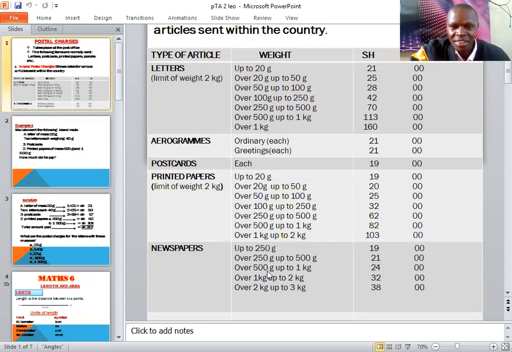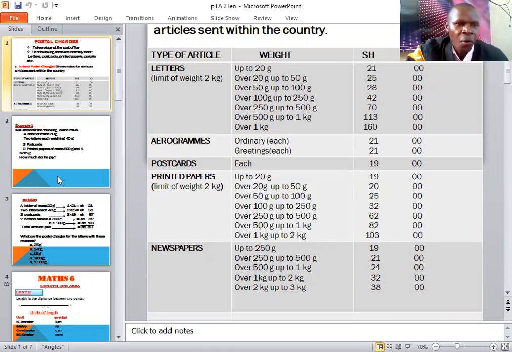Probably, if you are very keen, 800 grams is falling in this range, that is over 500 grams up to 1 kilogram. What will be the charges? Follow that line. The charges will be 24 shillings.